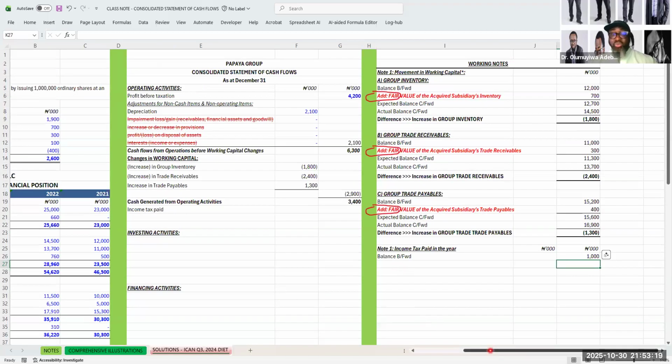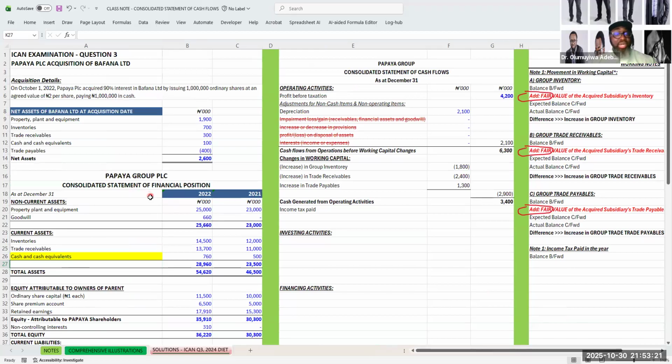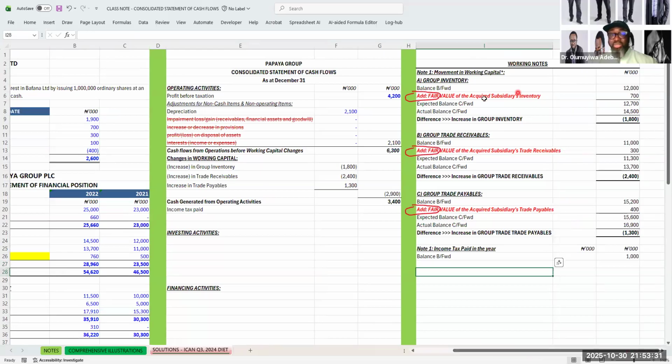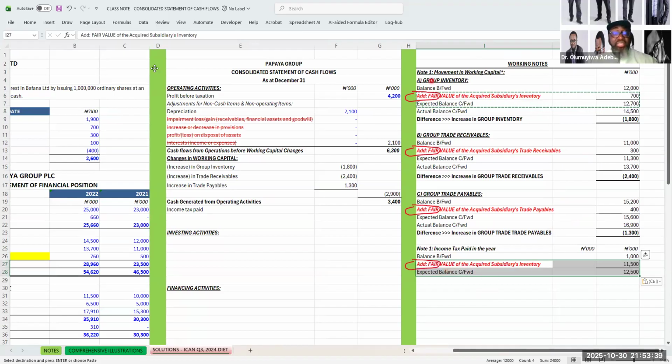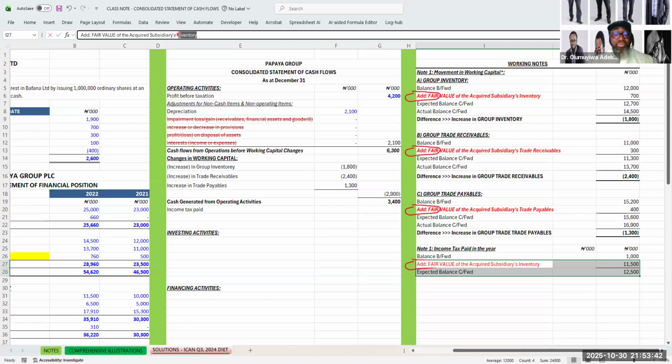Now, we are also aware that when we acquired the subsidiary, was there tax liability acquired? No. Therefore, there is no adjustment, but let me just try and put it there in case of future. Add fair value of subsidiaries acquired income tax payable.